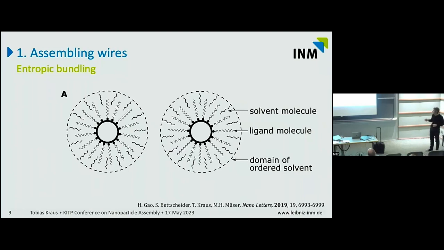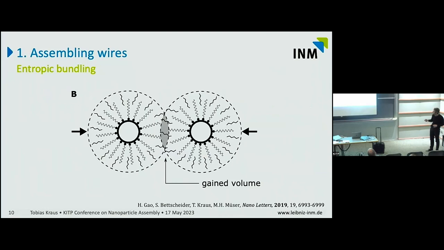And if you have two wires, you have these shells. Now, if you bring these wires together, they can share some of these somewhat aligned solvent molecules, and you basically have some kind of depletion mechanism that causes a very, very weak attraction of these wires, but only if the molecules fit in between geometrically.